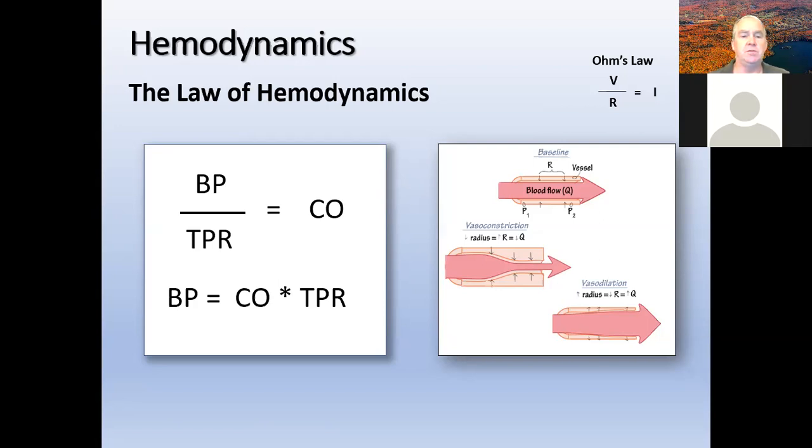So total peripheral resistance is always controlled by your sympathetic nervous system. And cardiac output is how much blood is going out of the heart. You can look at it 2 different ways. I always look at it this way, but this might be a better way in that this is our output, and we're looking at how these affect that.